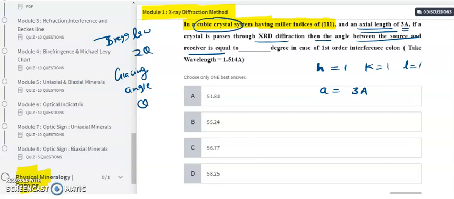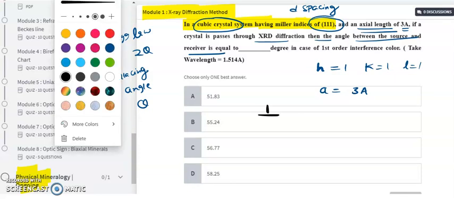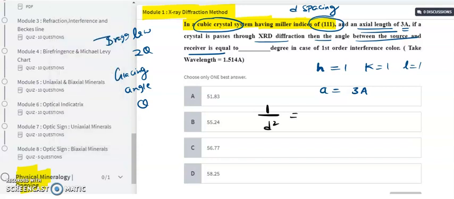First we have to check that it's a cubic system. In case of a cubic system, when the Miller indices are given, we first have to calculate the d spacing. For calculating the d spacing, the formula in case of a cubic system is 1 by d square is equal to h square plus k square plus l square by a square.